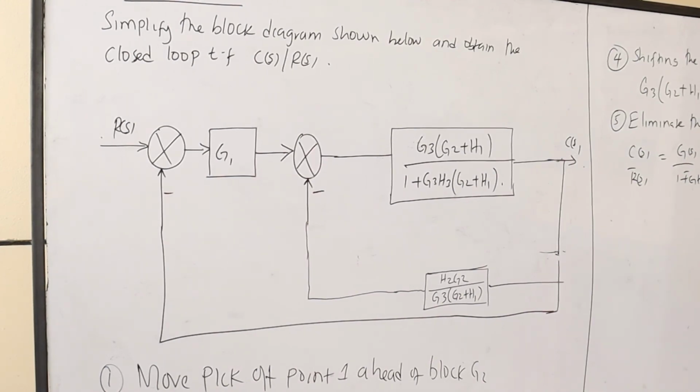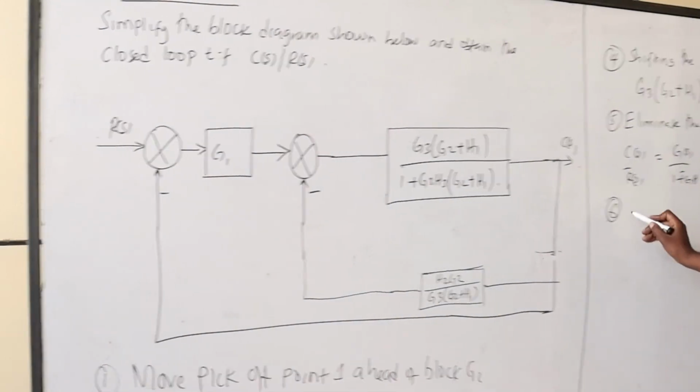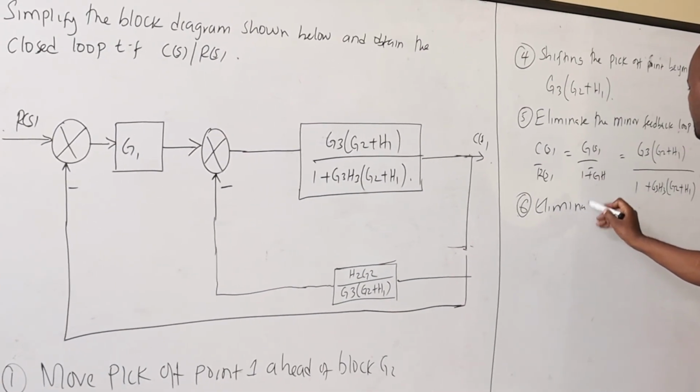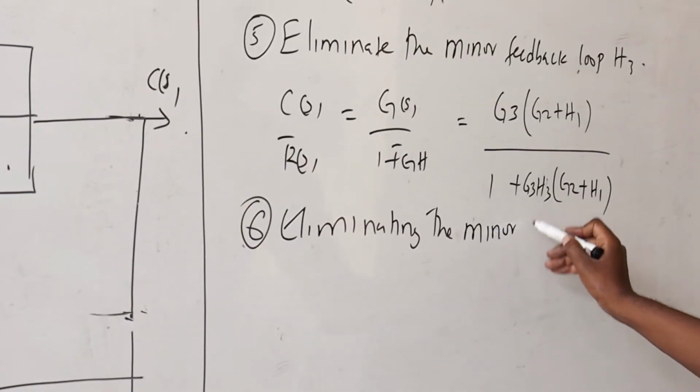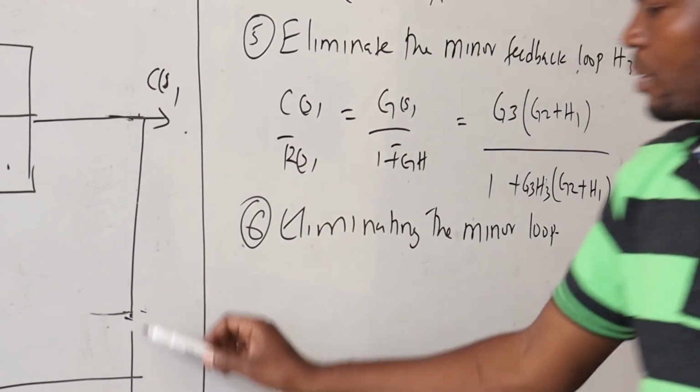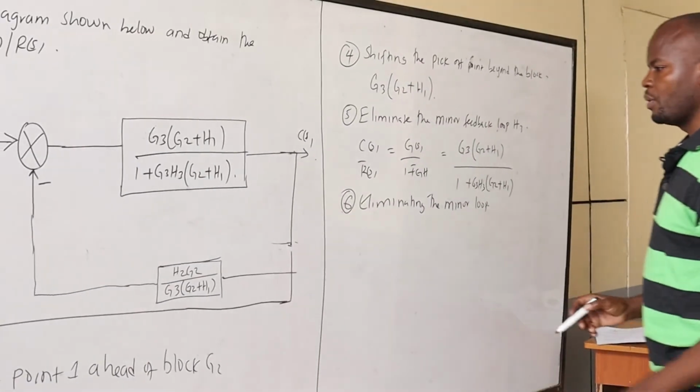If we continue with that, we again eliminate the loop, the minor loop H2G2. So step number 6, eliminating the minor loop. If we eliminate the minor loop H2G2, then what are we going to obtain?